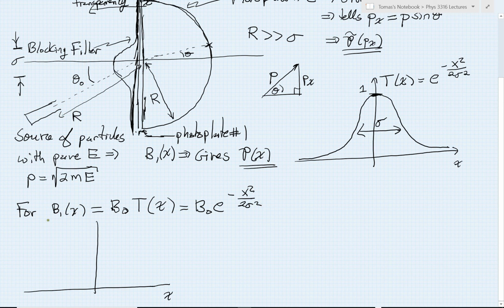Now, that's the brightness. From that, I'm supposed to be able to determine the probability as a function of x. And the brightness really is giving me a histogram. So here I might sketch it as brightness, but I'm going to turn this into probability. The brightness just gives me the histogram of where the particles are landing.